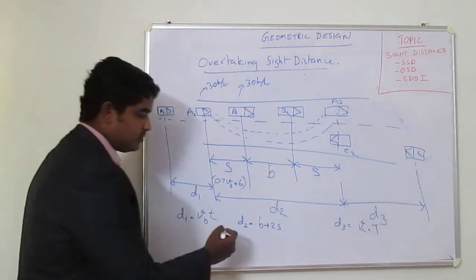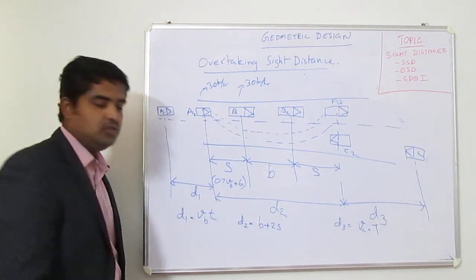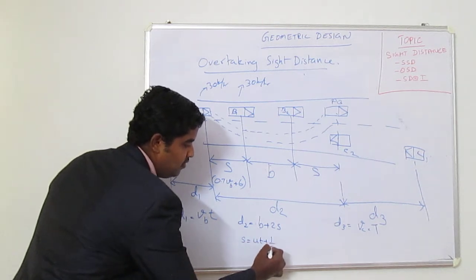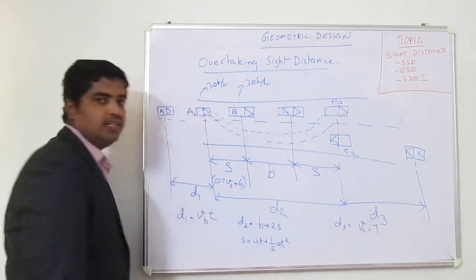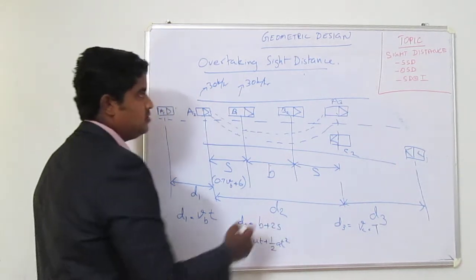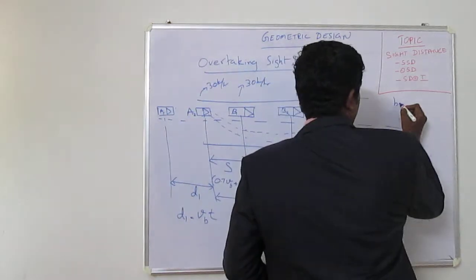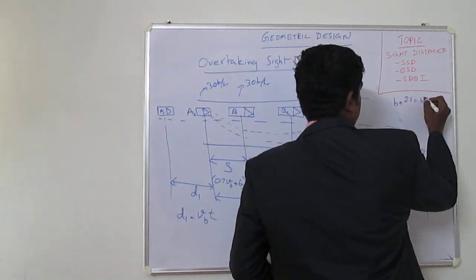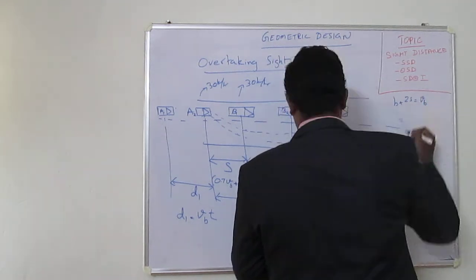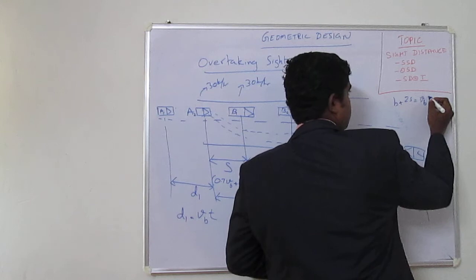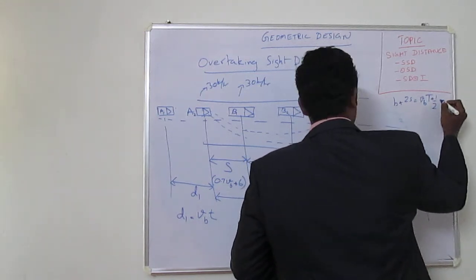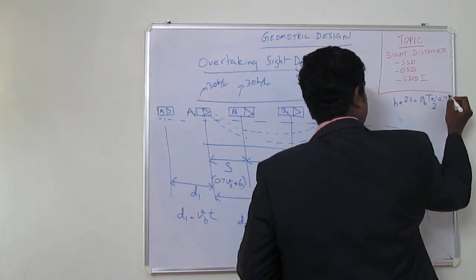You know that according to the law of motion, distance equals ut plus half at square. This is the law of motion, right? So if you equate this distance with this b plus 2S, u is nothing but the initial speed, that is the speed of the vehicle B, and t is the overtaking time, plus half of acceleration into t square.